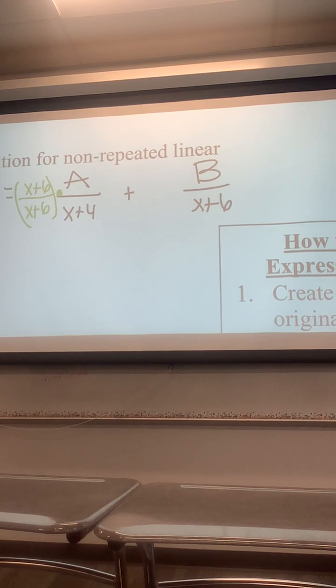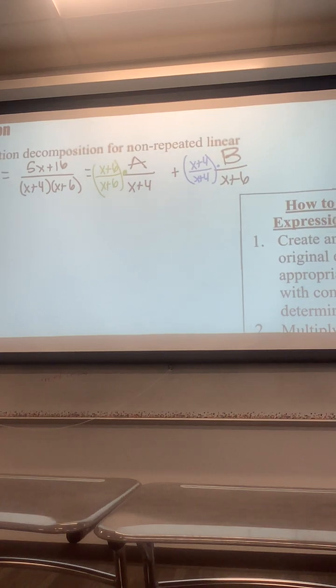Okay, and then the other one is the same thing, except this time we're going to do x plus 4 over x plus 4. It's the opposite one, right? So then if we actually multiply these things in, here's what happens. We get a times x plus 6a over x plus 4 times x plus 6.